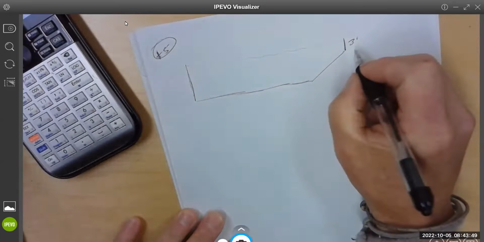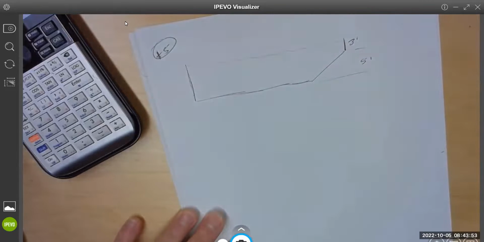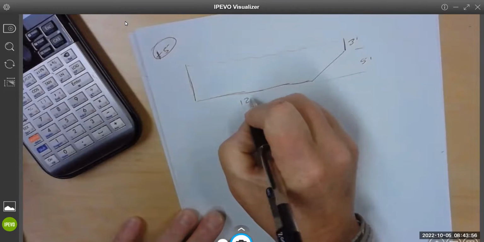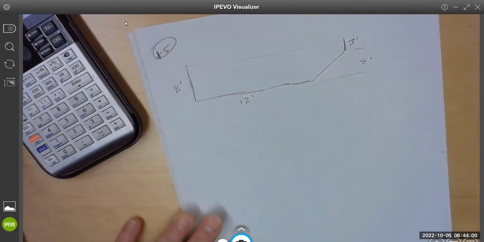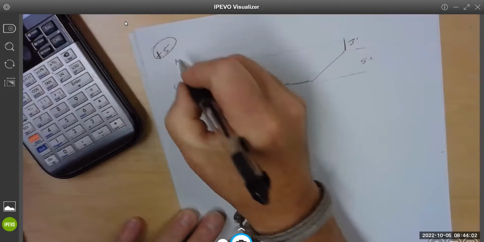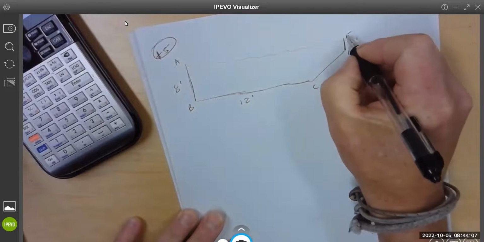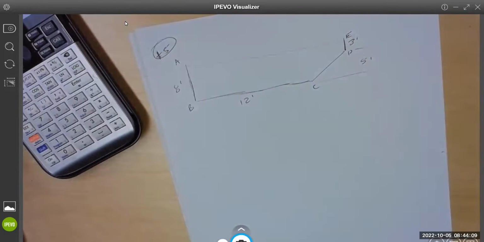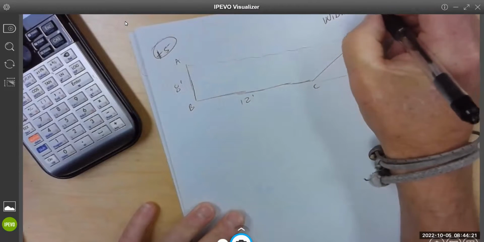Three feet, 5 feet, 12 feet, 8 feet. And it does say the width is 10 feet.